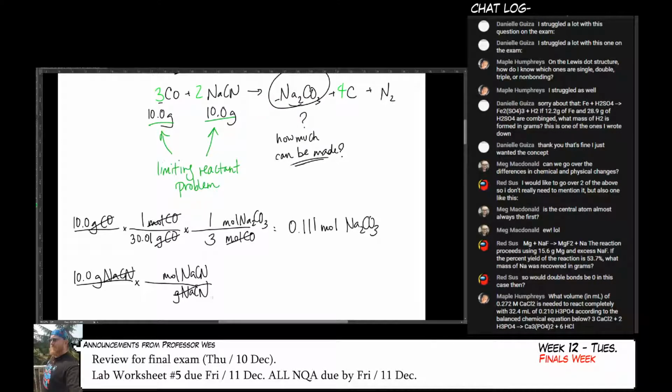So we'll turn grams into moles. And then we'll turn moles of sodium cyanide into moles of sodium carbonate. And this one is 2 to 1. And I don't even have the slightest idea what this is. There we go.